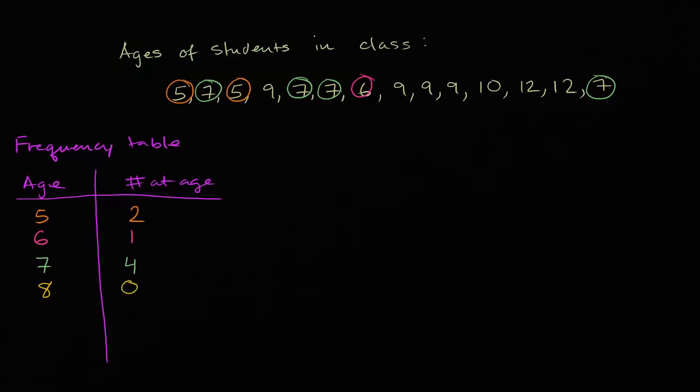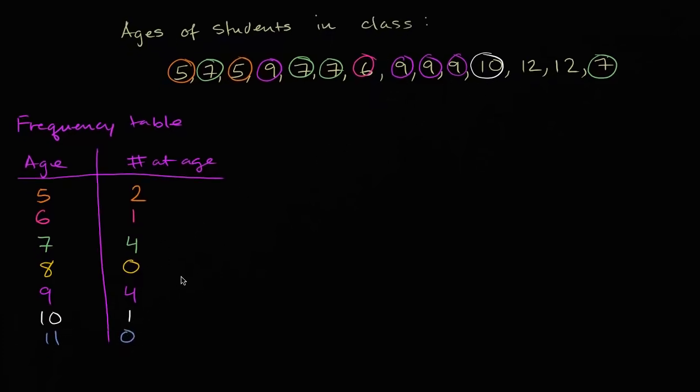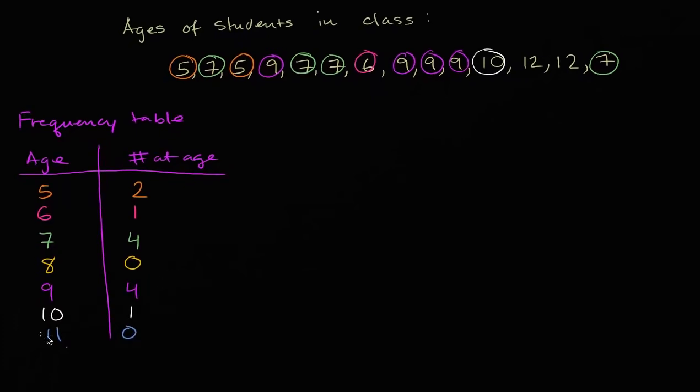And then we have 9-year-olds, 1, 2, 3, 4 9-year-olds. 10-year-olds, we have 1 10-year-old right over there. And then 11-year-olds, there are no 11-year-olds. Let me scroll up a little bit. And then finally, 12-year-olds, there are 1, 2 12-year-olds.